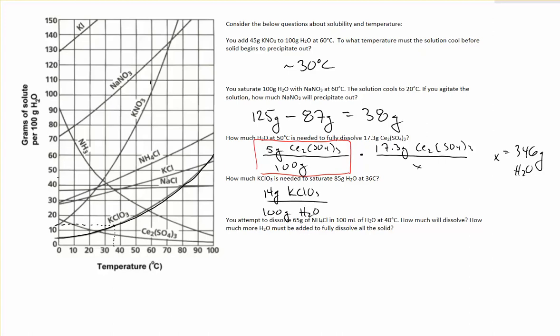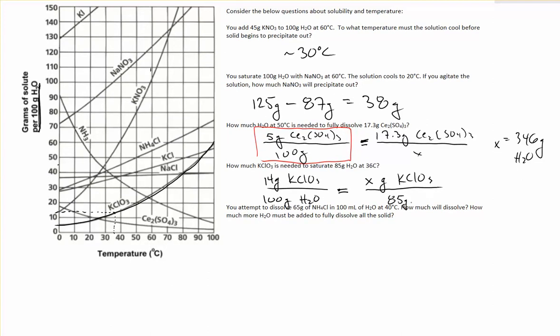Remember again, this chart is showing us per 100 grams of water. Again, we want to set up a ratio here, and we're trying to solve for how many grams of KClO3 are needed to saturate not 100, but now 85 grams of H2O. And when you solve that math, you find that X is equal to 11.9 grams KClO3.